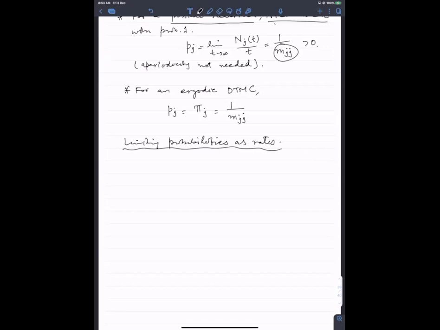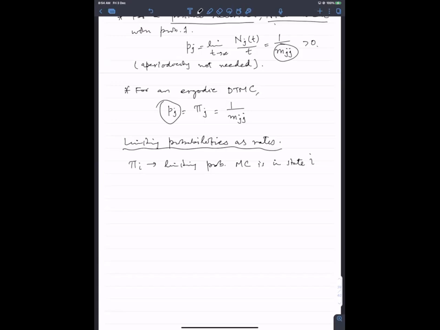So let's say that pi_i is the limiting probability that the Markov chain is in state i. What that means is कि एक Markov chain start करें, leave it alone for a very long period of time, after which it will be found in one of the states. What is the probability in state i? That's pi_i.